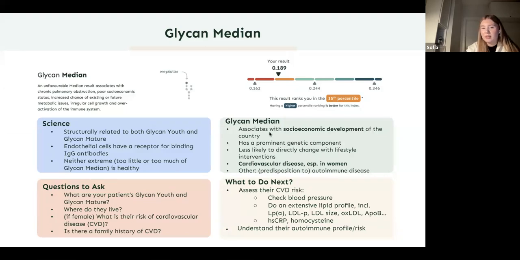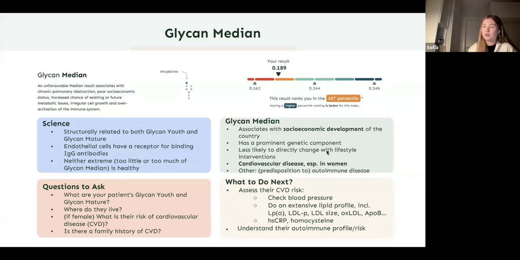So what is glycan median connected with? It associates first with the socioeconomic development of the country that your client lives in, which is very interesting because from our research, this is the only index that showed this type of association. As I said, it has a prominent genetic component, and it is less likely to directly change with lifestyle interventions.